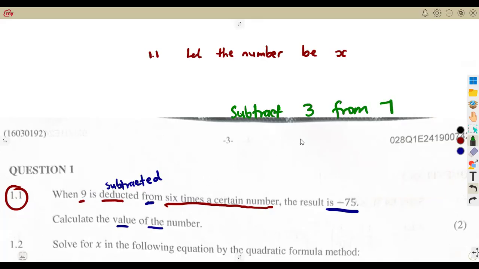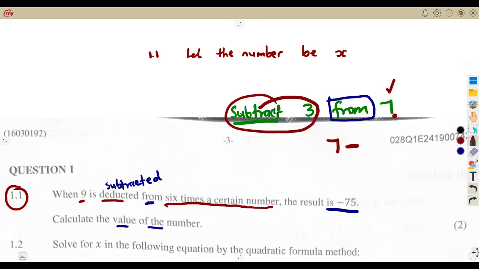What does it mean? Subtract 3 from 7. The most important part is "from." You start from that number, from 7. So it means 7 minus 3. Remember, to subtract, that's a minus.